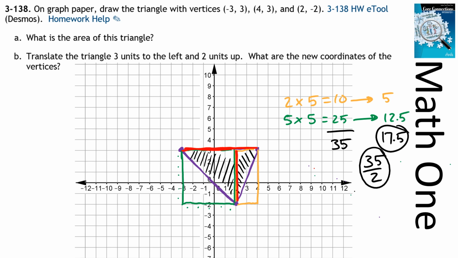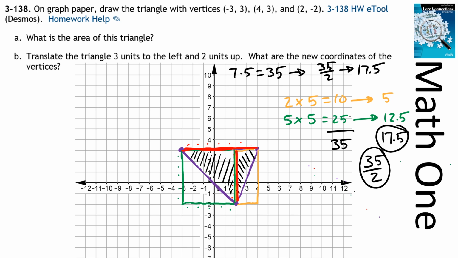So in this case, the base is 1, 2, 3, 4, 5, 6, 7, and I'm going to multiply 7 by 1, 2, 3, 4, 5. So I've got 7 times 5, which is 35. But then I take half of that. 35 divided by 2 is again 17.5. So, all right, overkill.